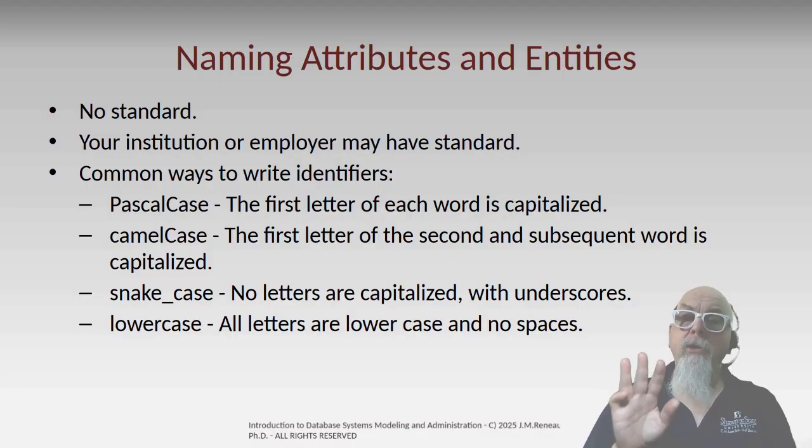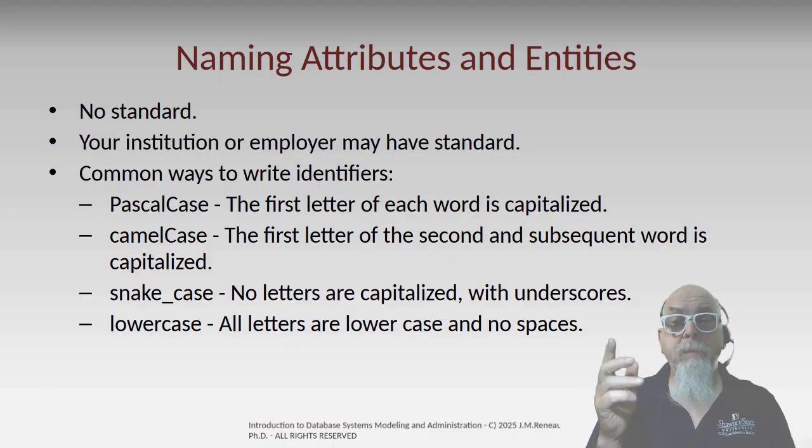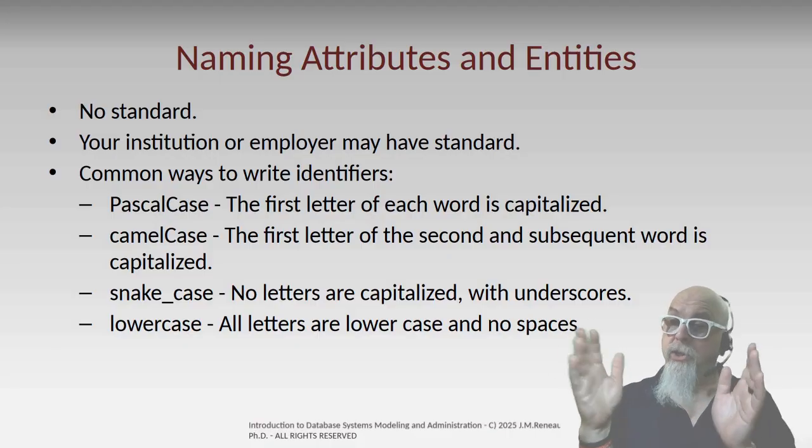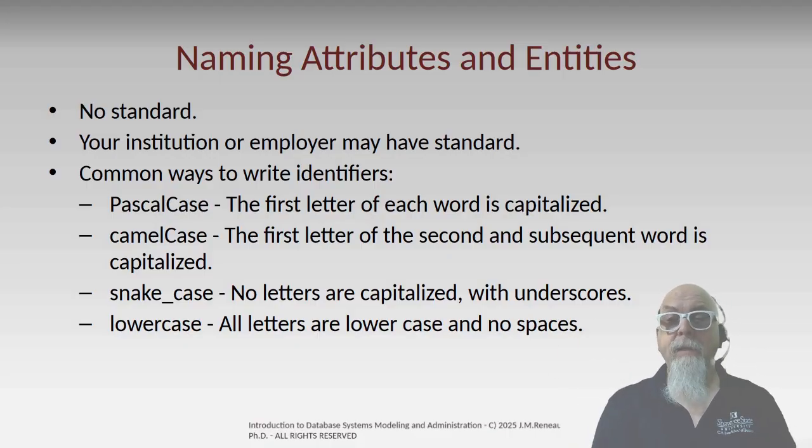There are four general ways that most people will write an attribute's name. Pascal case, where the first letter of each word is capitalized and the words are jammed together without spaces. So last name would be capital LAST, capital NAME. Camel case is similar to Pascal case, except the first letter of the second and subsequent words are capitalized.